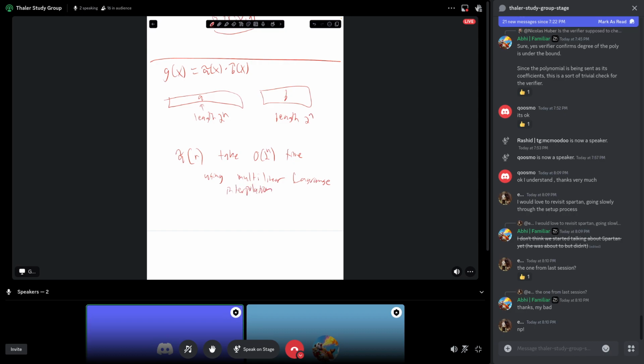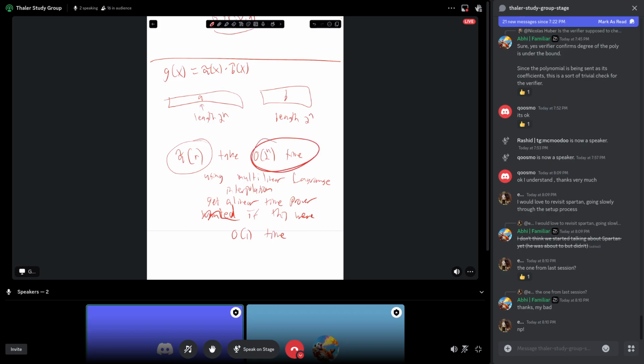That's bad, because I said we could get a linear time sum-check prover if g of r could be obtained in constant time. We get a linear time prover very easily if this were order one time.